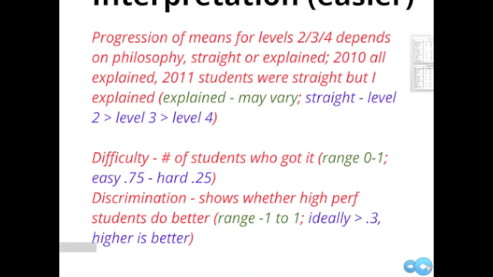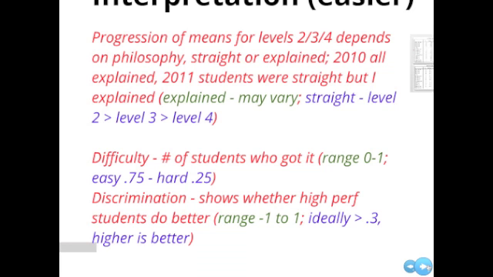If they did, then that number will be closer to 1. If there didn't seem to be any correlation between them, it seemed to be fairly random, you know, some students did well on 2 and 3 but did poorly here, and vice versa, then your number will be closer to 0, which means there's not really a lot of discrimination. It's not really random, but it almost could look random.